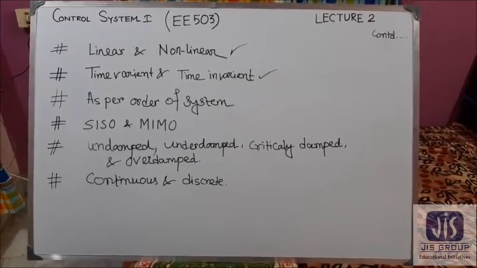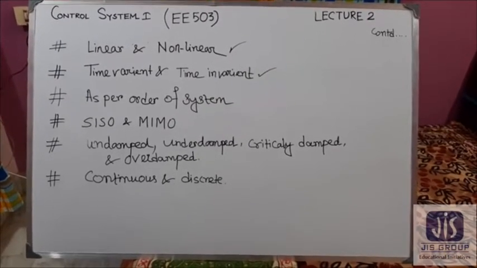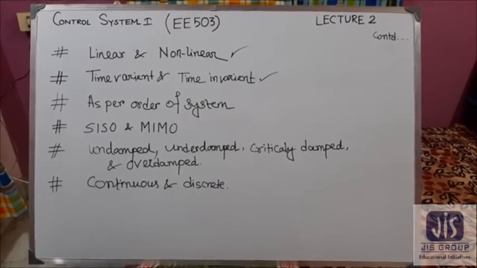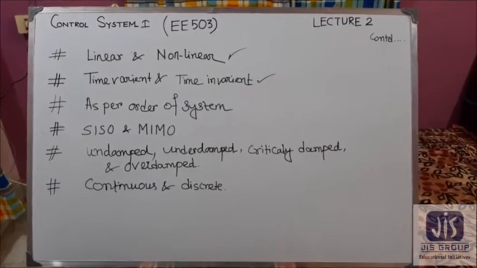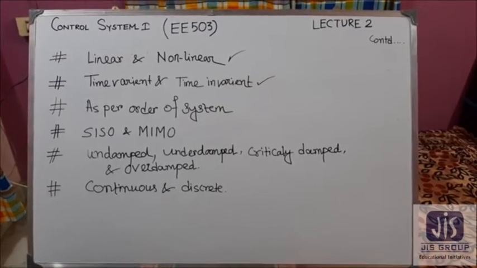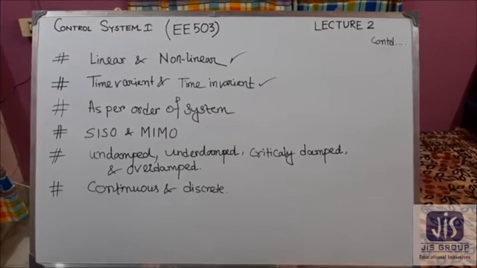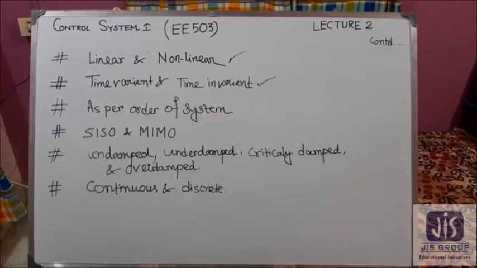Next is according to the order of the system. The order of the system refers to the order of the differential equations of the system, which may be 1, 2 or 3.